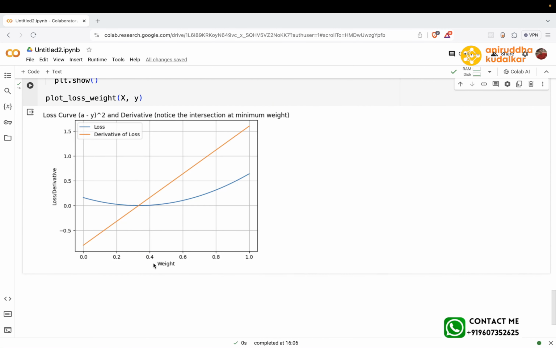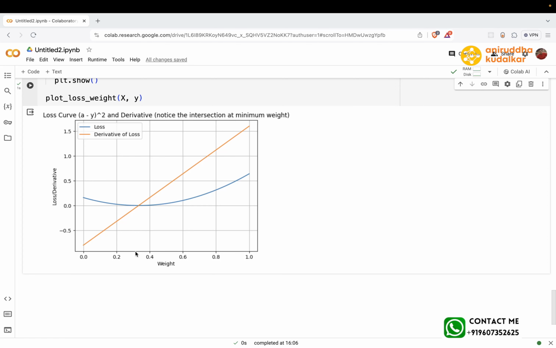This is the parabola, a loss function curve, and this is the slope of the loss, which gives you the direction in which you need to come down. From here you come down by means of the learning rate, like this, like this, and here you reached. Can you see?